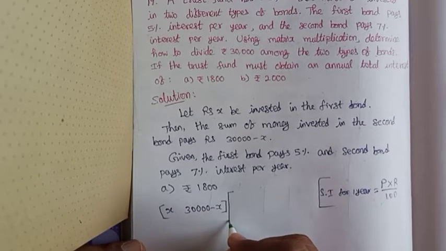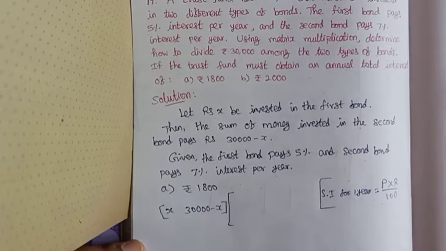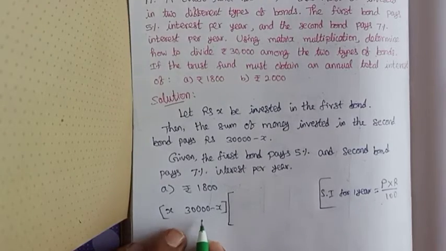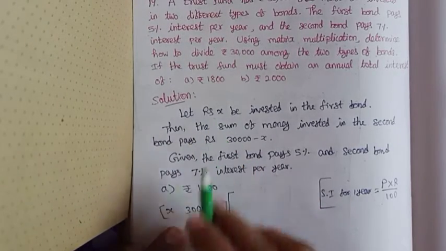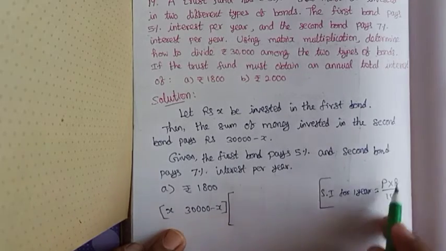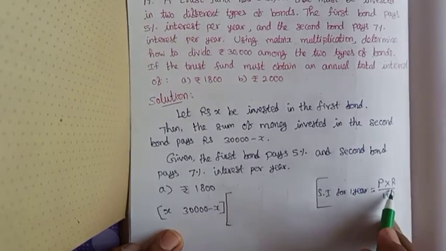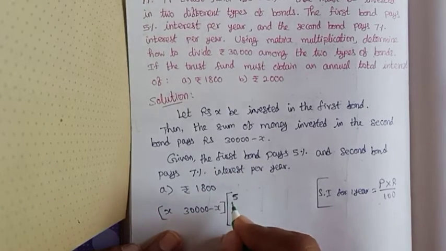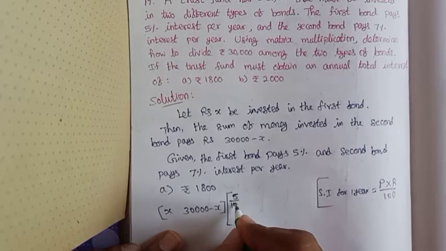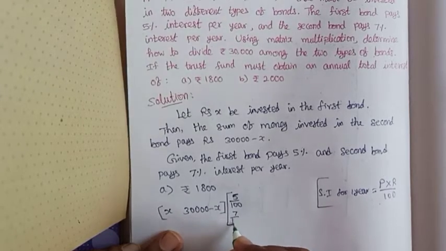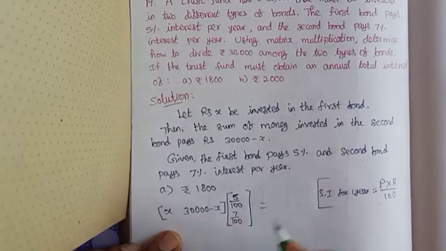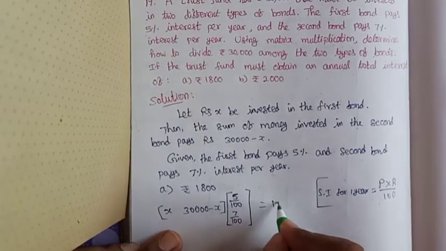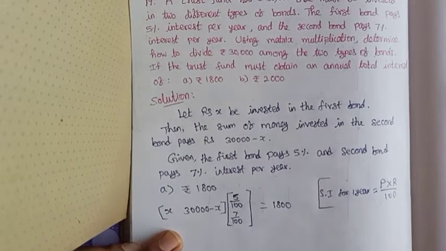Next, the second matrix is the interest of the bonds, the rate, that is the interest per year. 5% means 5 by 100 and 7% means 7 by 100. So in total you get the interest for the first year, rupees 1800, which is equal to 1800.